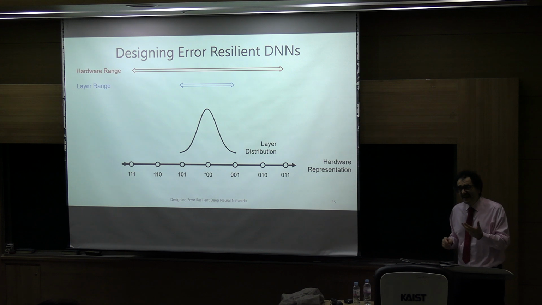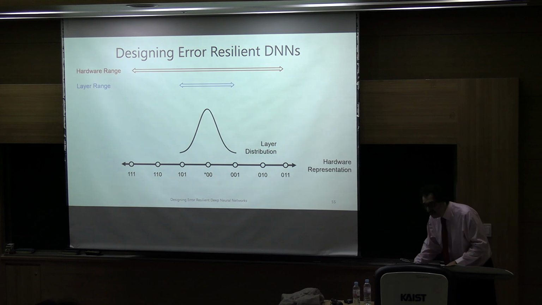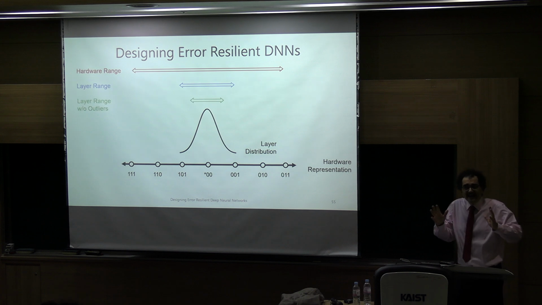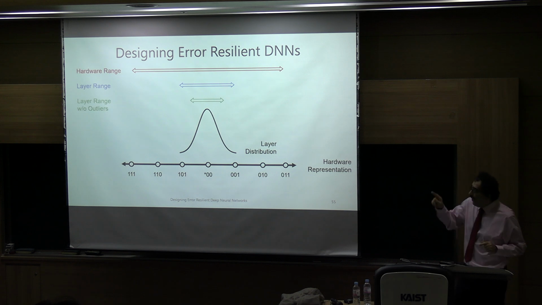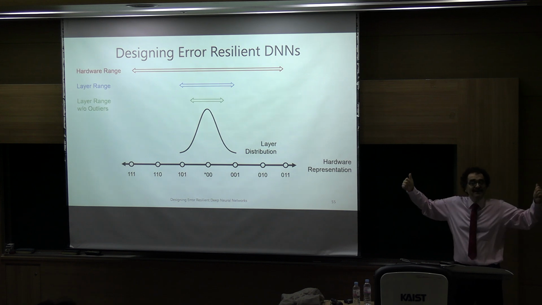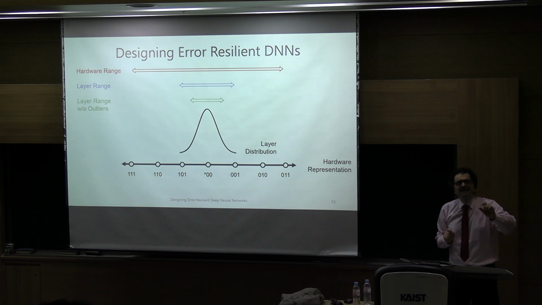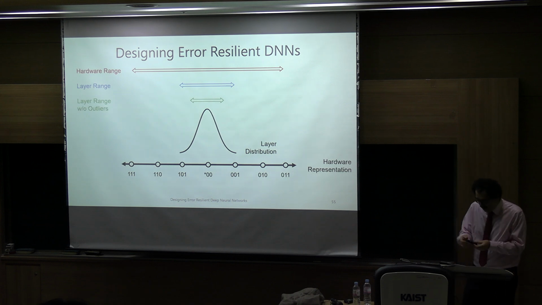Not only may you use much less, in some cases if you took out the outliers, the range may become even smaller. So what you can represent and how much you're using may be very different things. Why is this important?